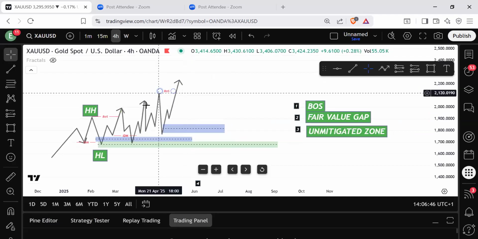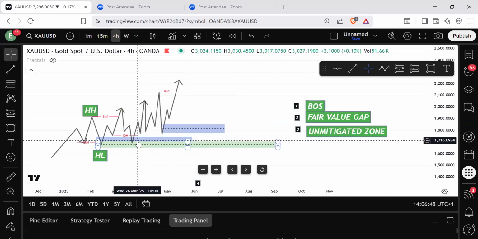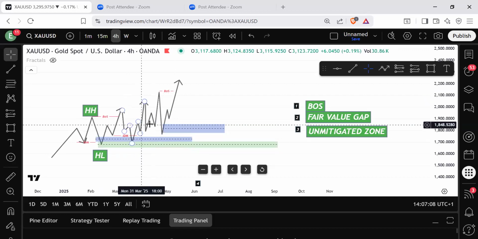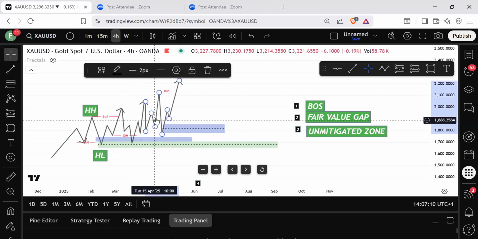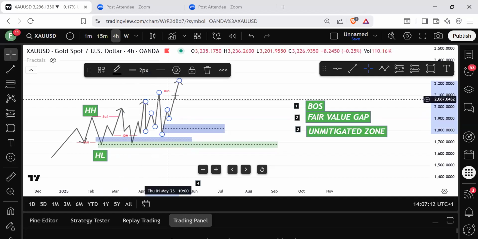If price comes there, we'll be looking to take our entry before price comes there. Before it comes back, we have to take that entry. But if it has already visited it, then it's too late.